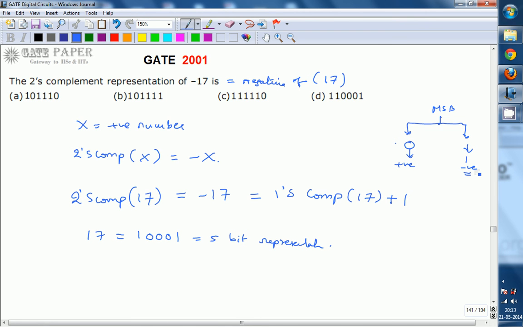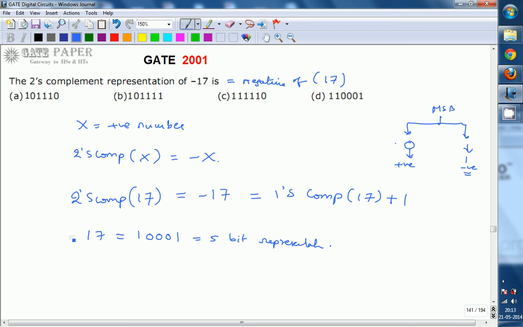Remember that whenever a representation is used for both negative and positive numbers, you must check the MSB to distinguish them.